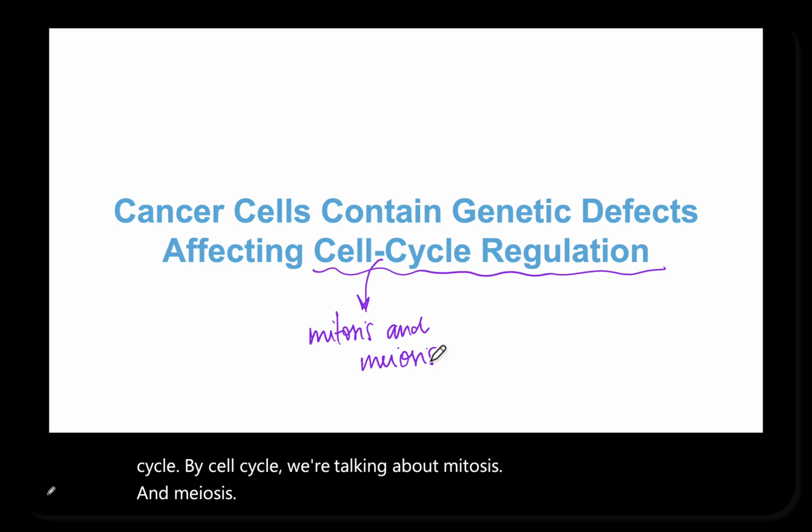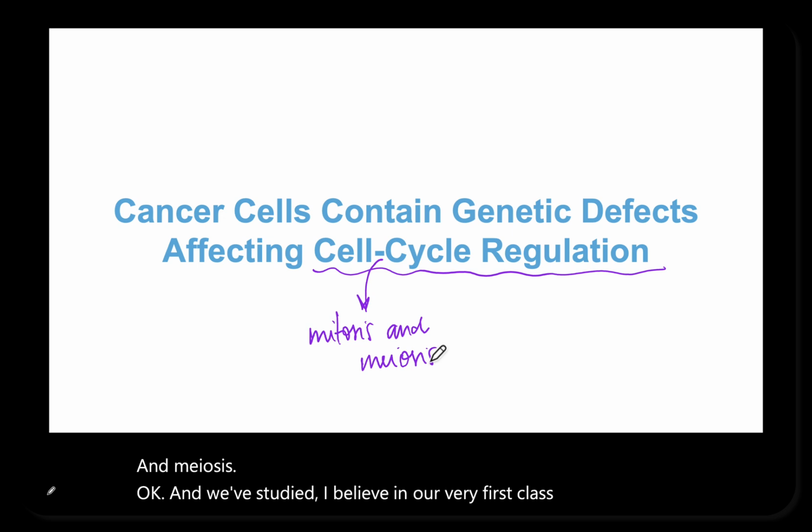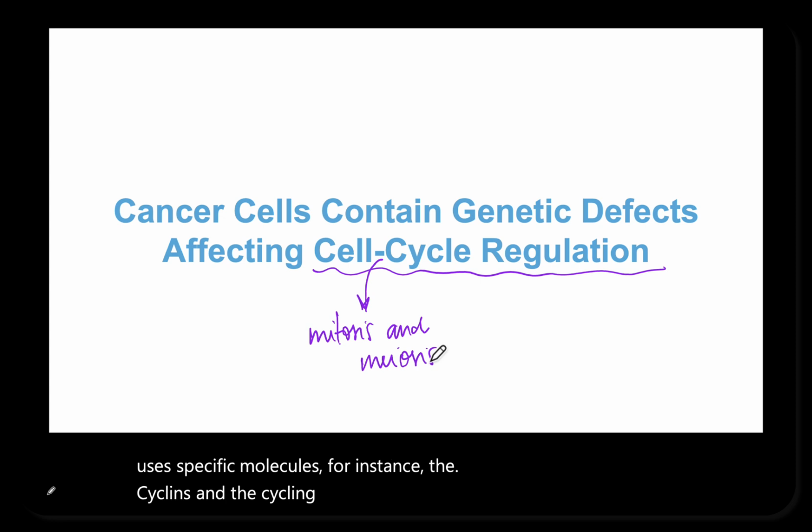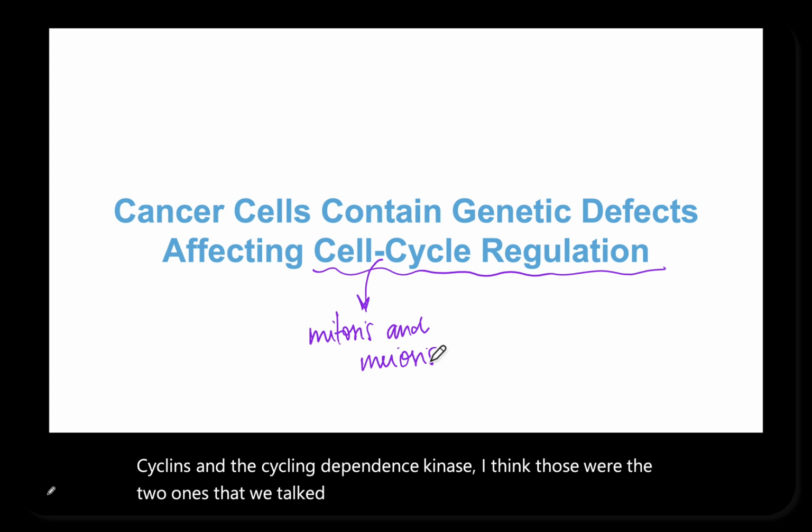We studied, I believe, in our very first class, that the cell uses specific molecules, for instance, the cyclins and the cyclin dependent kinases. I think those were the two that we talked about that help regulate the cell cycle.